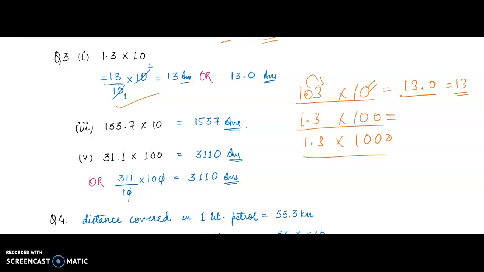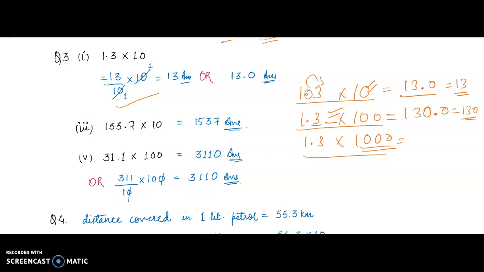Now in this case, 1.3 multiplied by 100, I'll have to shift the decimal two places. Now 1, 3, and I have nothing here, so I can write 0, then a decimal and 0, or 130 is the answer for this. Similarly, for 1.3 into 1000, I'll have to shift 3 digits.